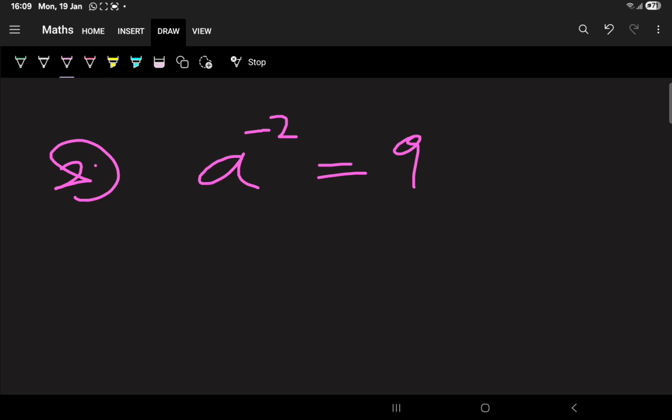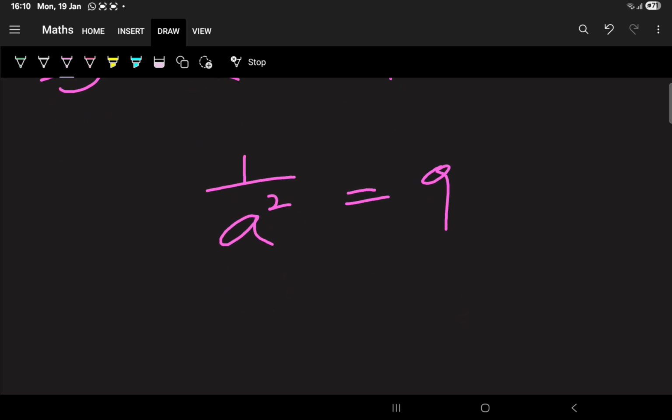Now from our previous video, we know if the base is raised to a negative exponent, we take the inverse of the base. Now taking the inverse of the base, this is going to be 1 over a raised to the power of 2. Then this is equal to 9.